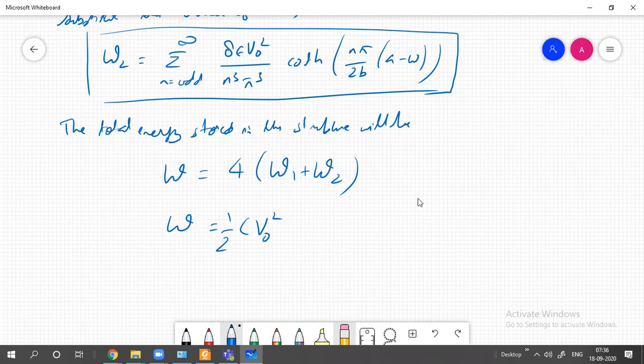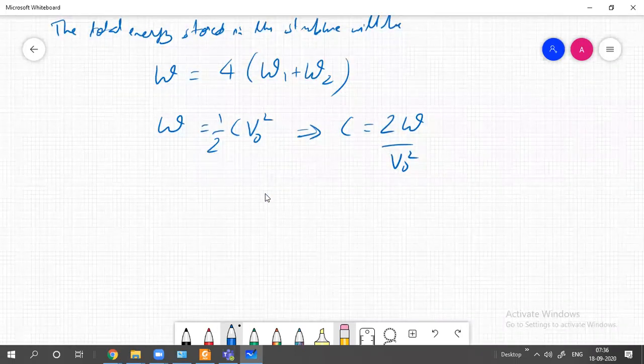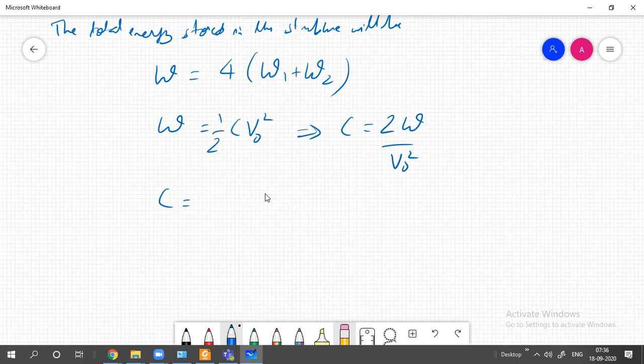So by using this expression, C equals 2W over V naught squared. Substitute the value of W. So C, the capacitance per unit length, will be 8 times (W1 plus W2) over V naught squared. This will be the capacitance.